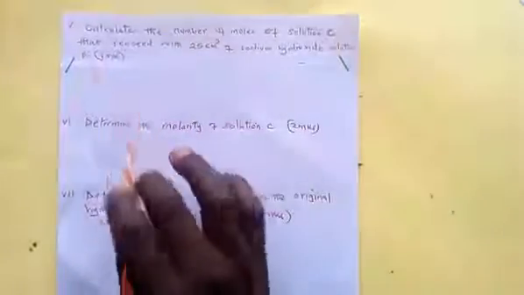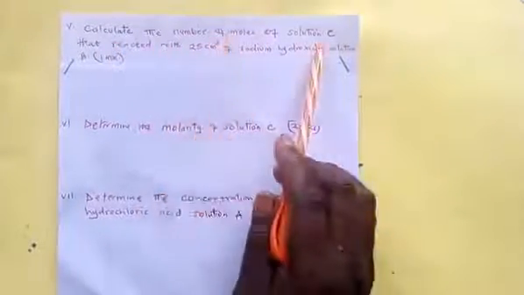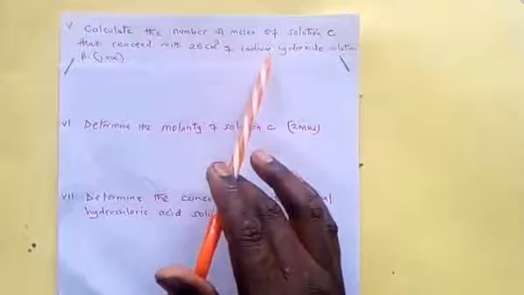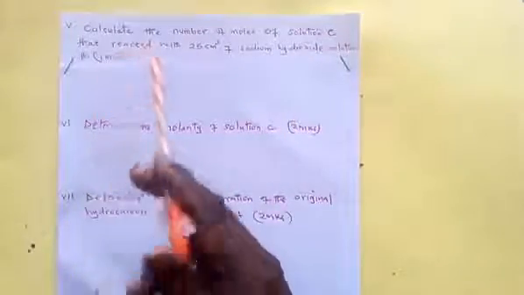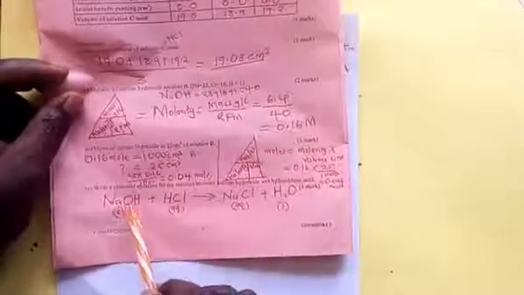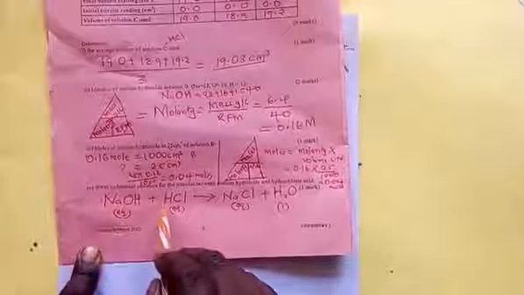Okay, now next one, let us look at this question. Calculate the number of moles of solution C that reacted with 25 centimeters cube of solution of sodium hydroxide, solution B. This one is simple because from here, solution B, we already know the number of moles. Remember the ratio, the mole ratio is 1:1.